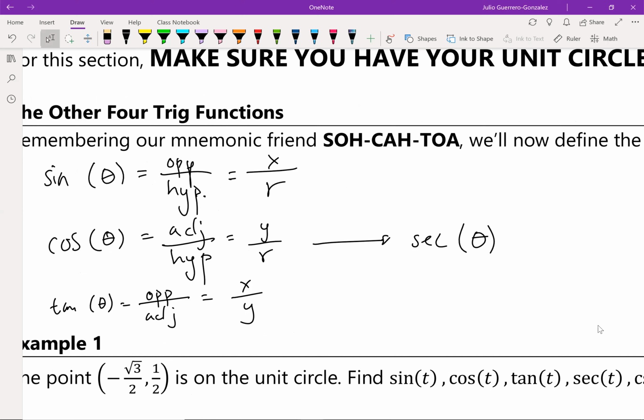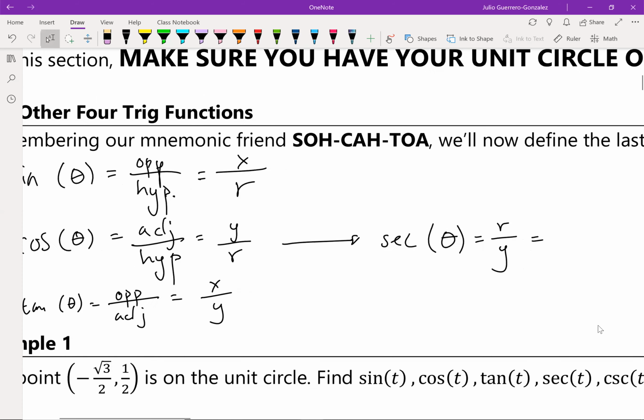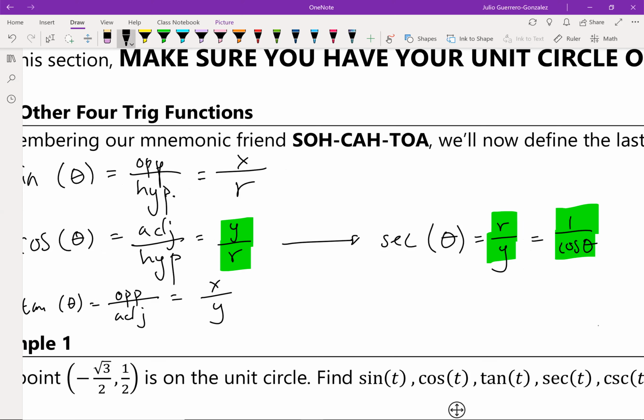And that is going to be r divided by y. The other way you can write it is 1 over cosine of theta. So if you do 1 over y divided by r, you end up getting r divided by y. So that's why we call it 1 over cosine. And the other ones work out the same way.